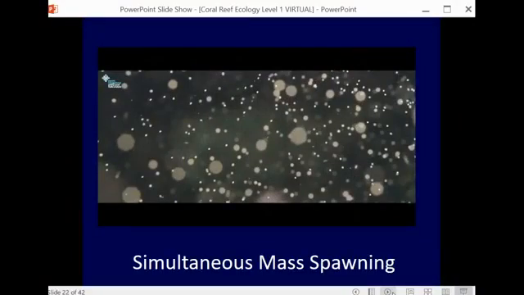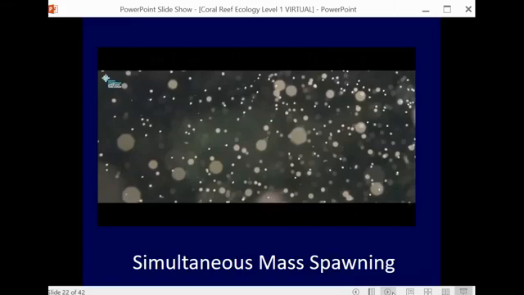So this type of spawning is called simultaneous mass spawning, when they release all of their gametes all at the same time, okay? Now this can certainly be a good method of spawning because some of them are bound to survive, have got to make it, but the negative is it attracts a whole bunch of predators, okay?